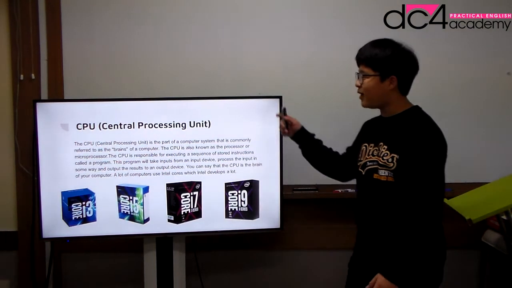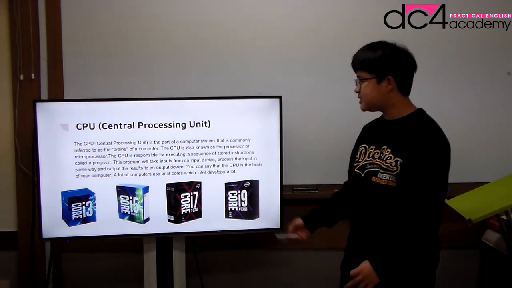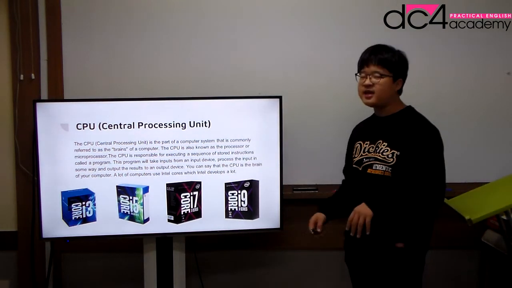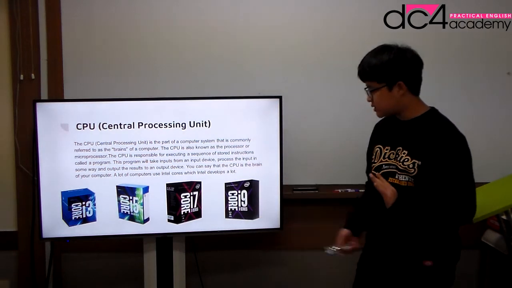Next is the central processing unit, the CPU. This is the brain of your computer. It does all the thinking, and this is so complicated that I will skip this part.